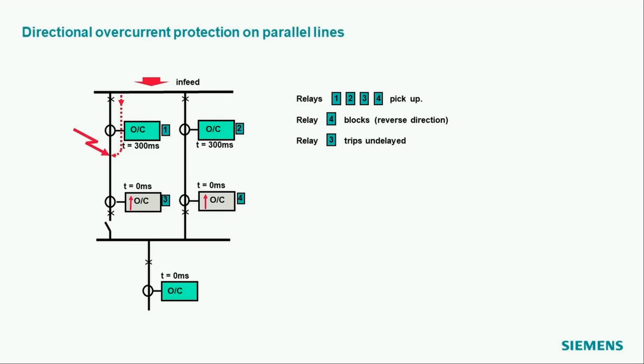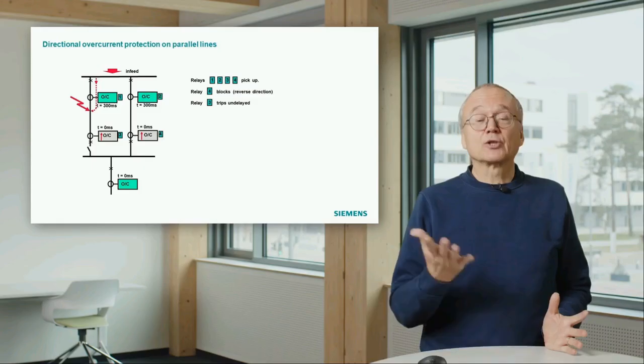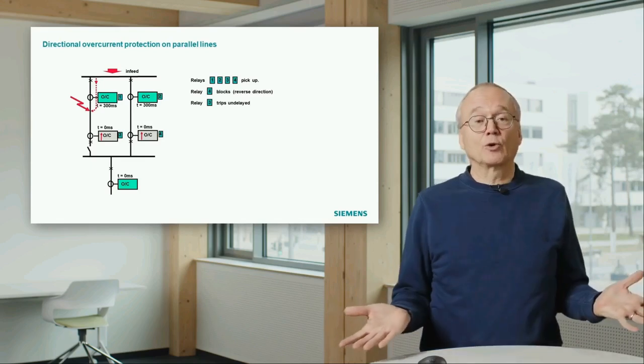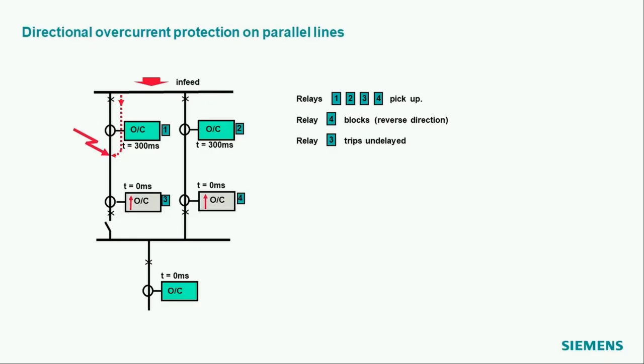That also means that relay number 2, which also started the timer, will reset because the current flow is suddenly gone. Then we wait until the timer of relay number 1 has elapsed after 300 milliseconds. Relay number 1 will trip the circuit breaker. Then the current flow will stop.